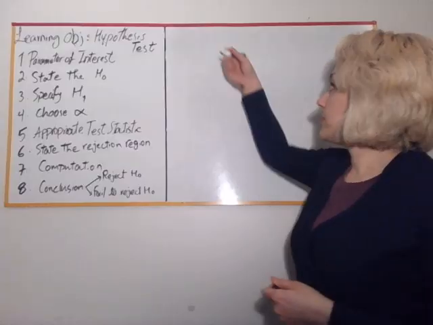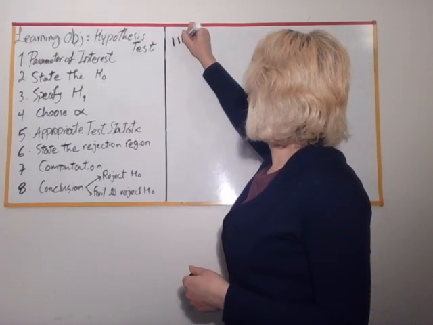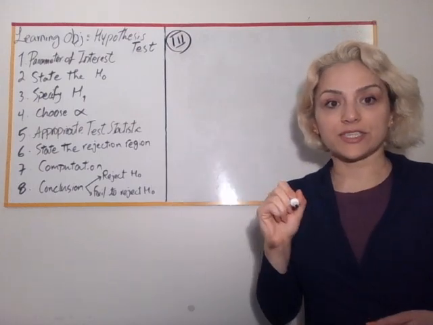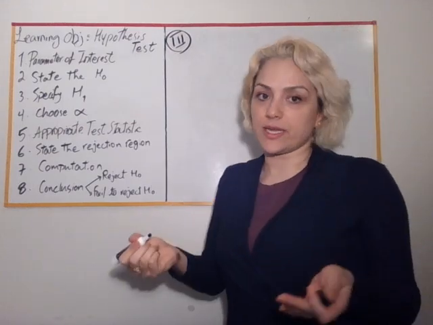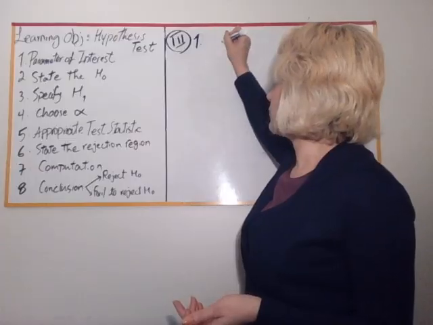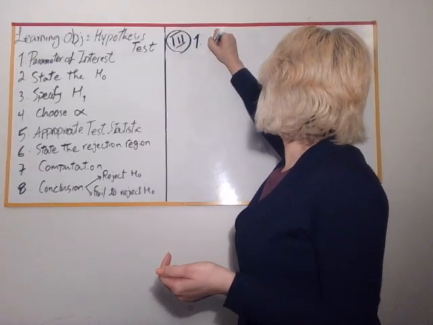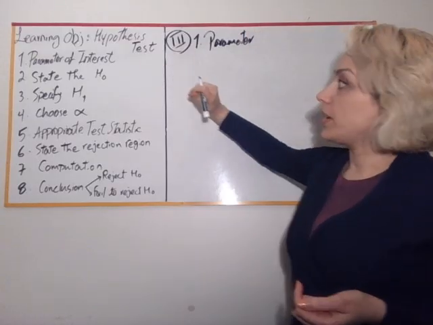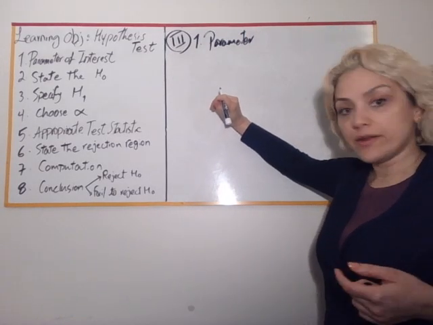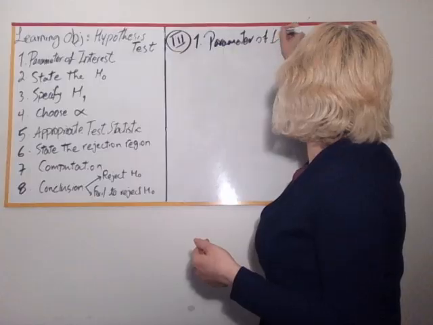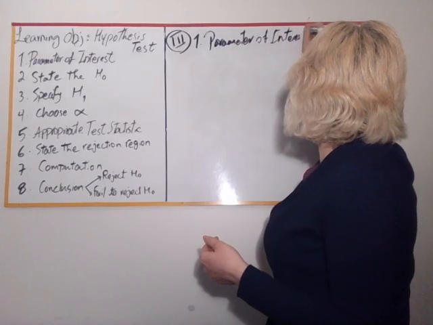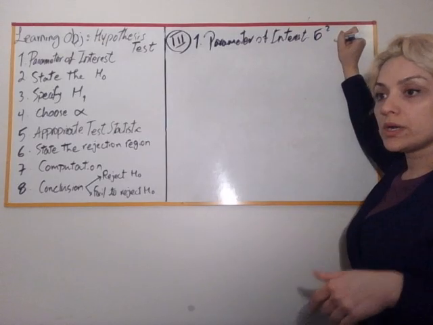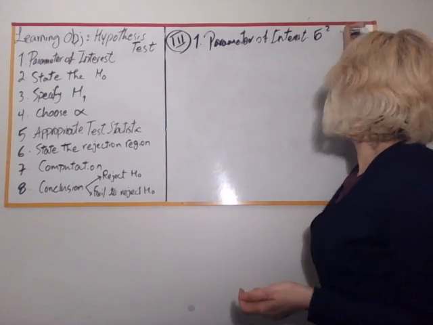So I'm going to write down here that this is the third category, and the parameter of interest is going to be variance or standard deviation. So we are interested in doing the hypothesis test on the variance or standard deviation of the population.